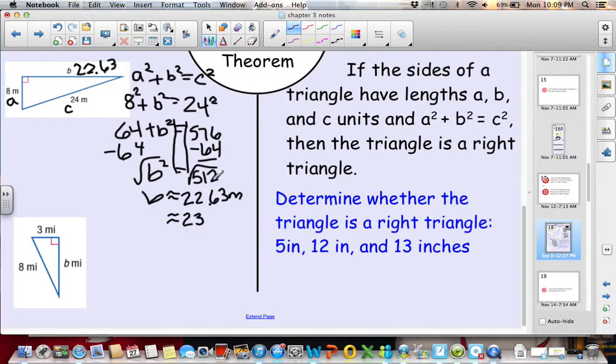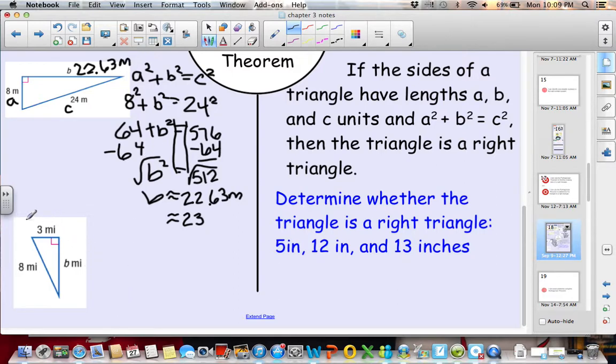If we wanted to leave it as exact, we would say B equals the square root of 512. But we want a number to label our triangle with, and that would be meters.